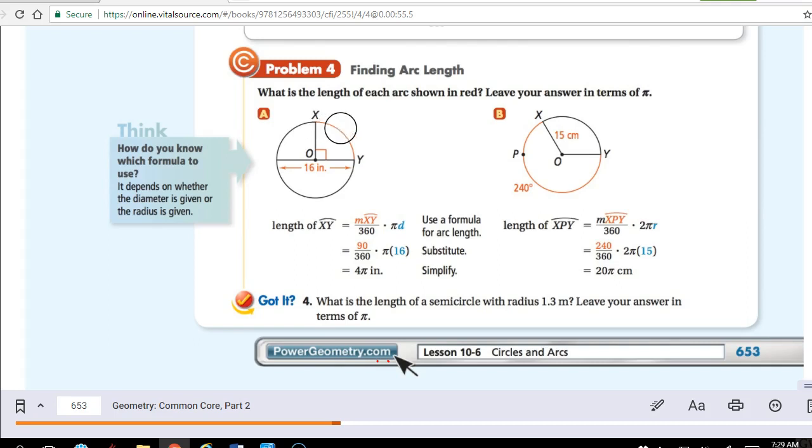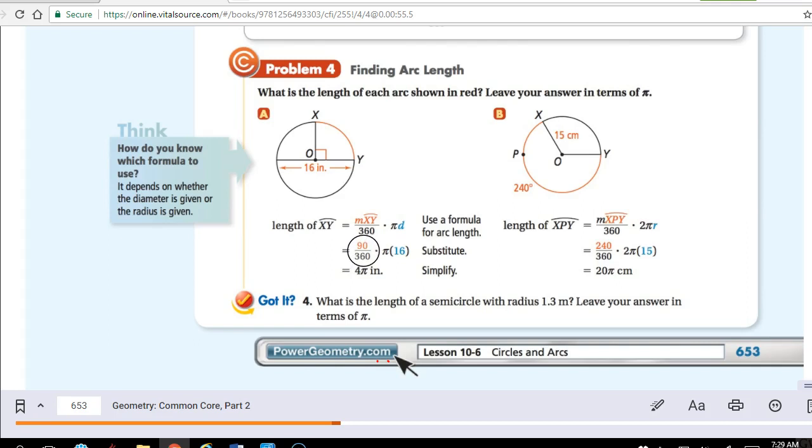Okay, so we're looking right here at this piece of the arc. Now, it doesn't tell me what the measure of that arc is, but in some ways it does, because that little symbol right there means 90 degrees. And if that's 90 degrees, then this is 90 degrees. So I'm going to take the measure of the arc and divide by 360, just like the formula said to do. So I'm going to take 90 out of 360.